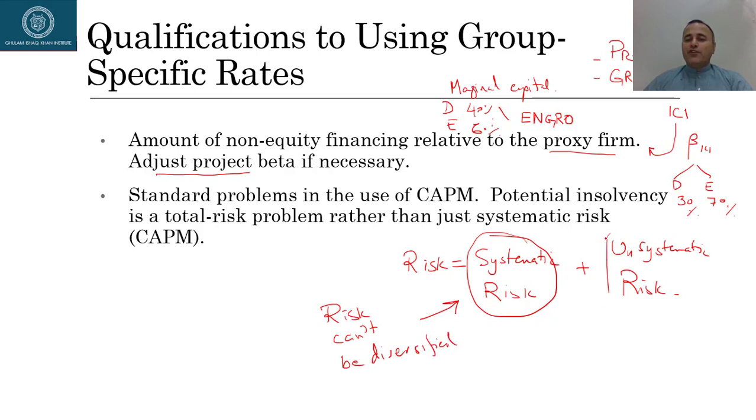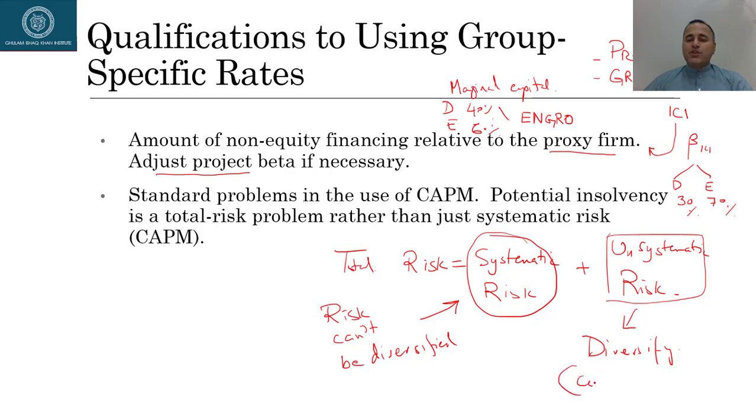But what about this other risk? This is something that you can diversify through different techniques. Of course, this is beyond the scope of this course, and I wouldn't talk about those techniques, but total risk is a combination of your systematic risk and unsystematic risk.